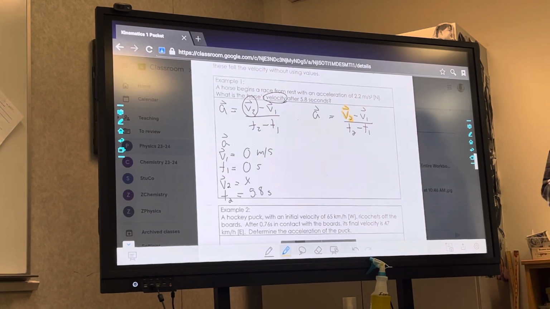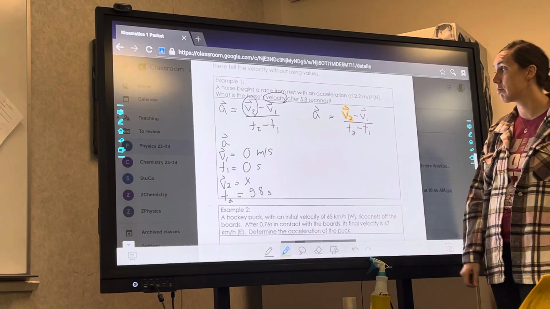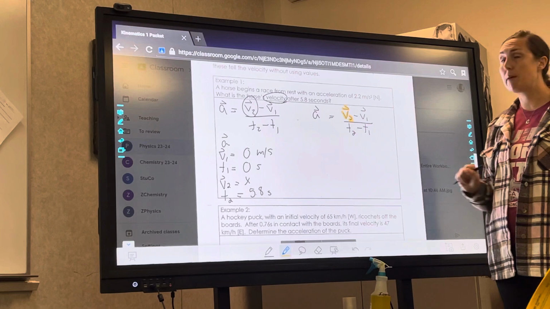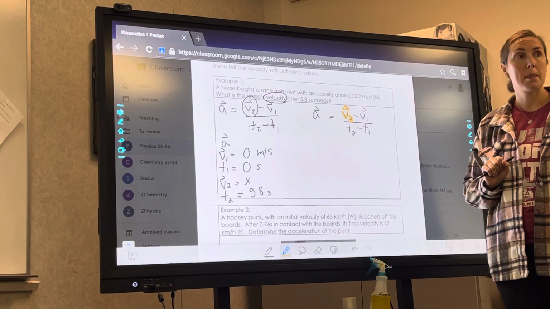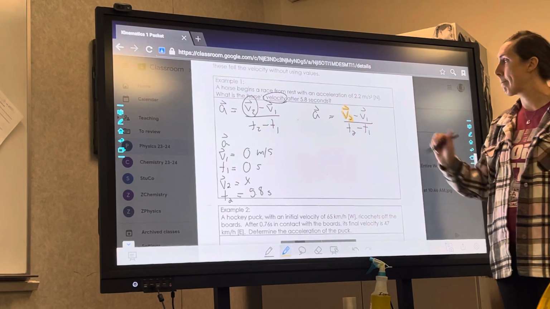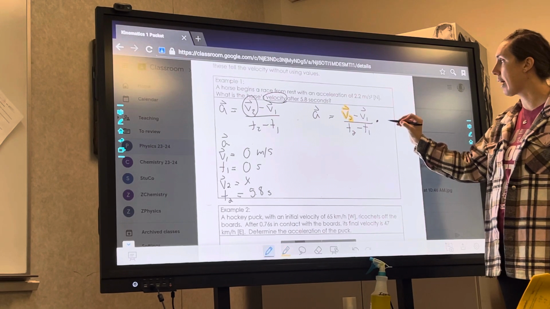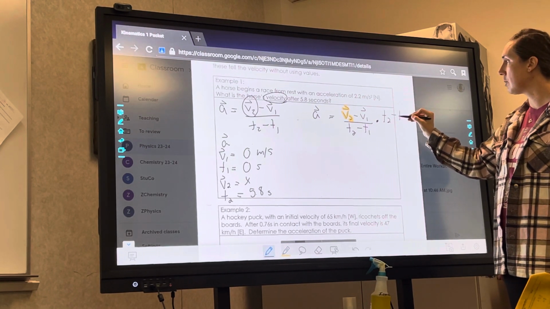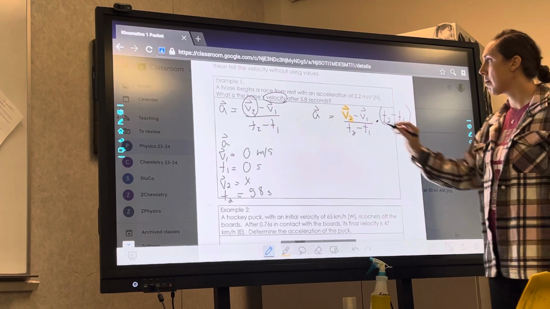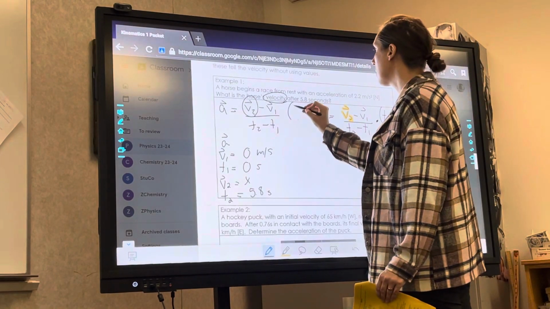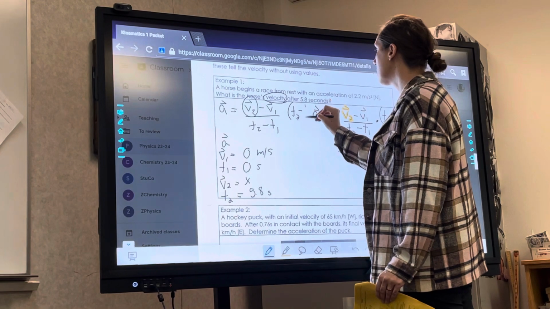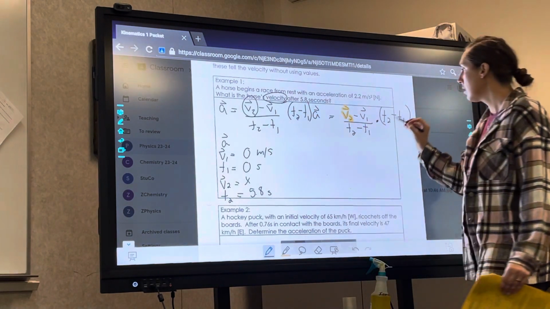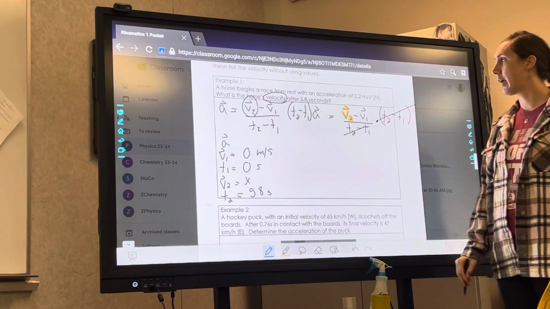Okay, first thing I would do is get rid of the times. How do you get rid of times on this side? You multiply it. So I'll multiply this side by T2 minus T1. Multiply this side by T2 minus T1, okay? This crosses it out.